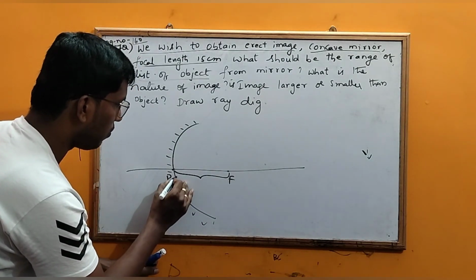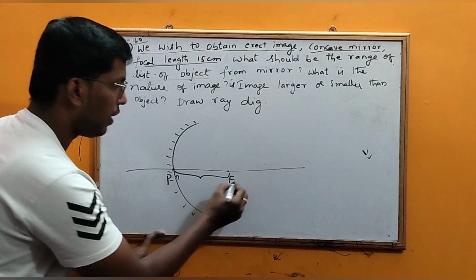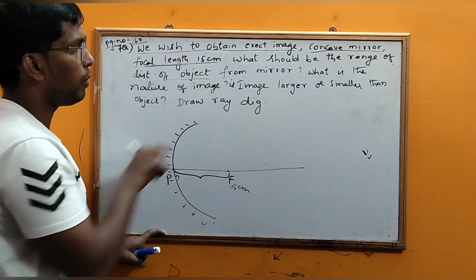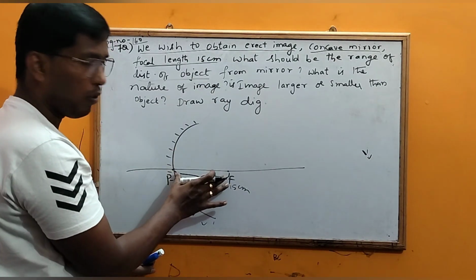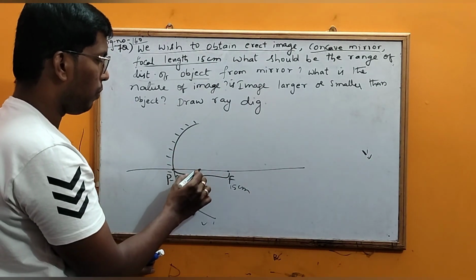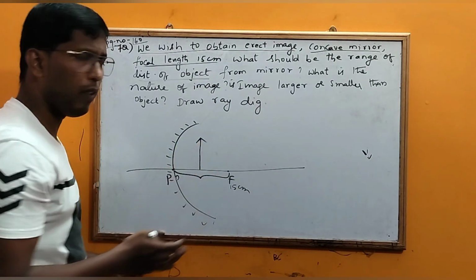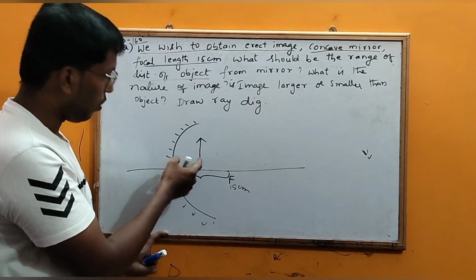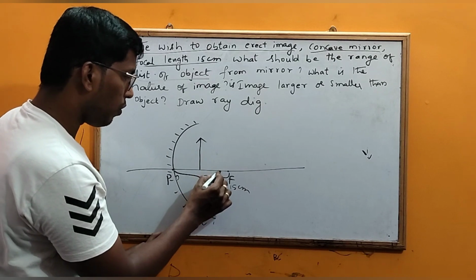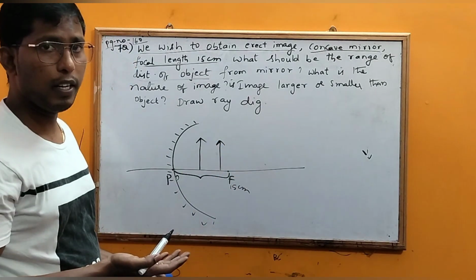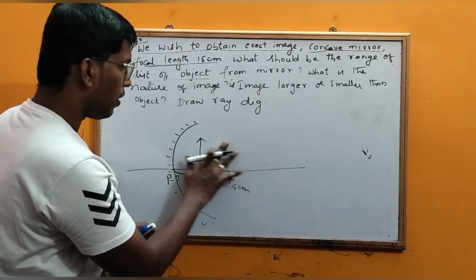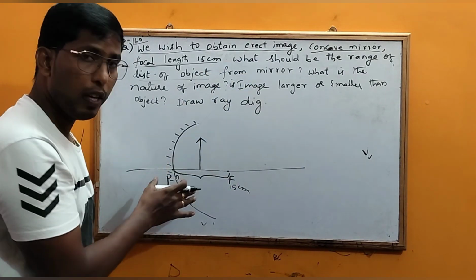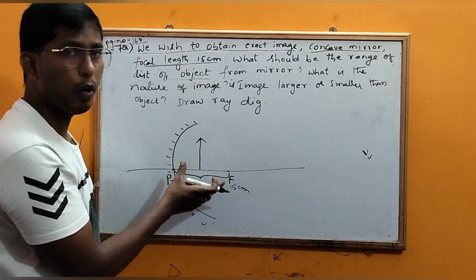So if I take this point as 0, here it will be 15 centimeter. So where should I keep the object to get the erect image? I should keep the object between the pole and focus, anywhere between 0 and 15. If you place the object here, you will get the erect image.